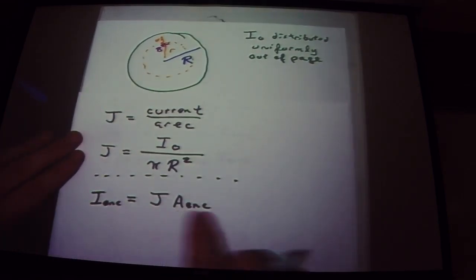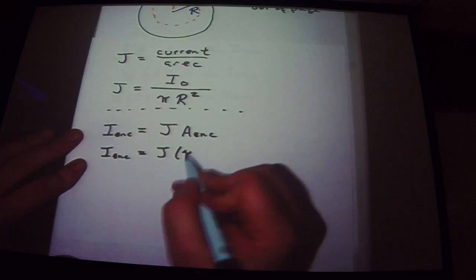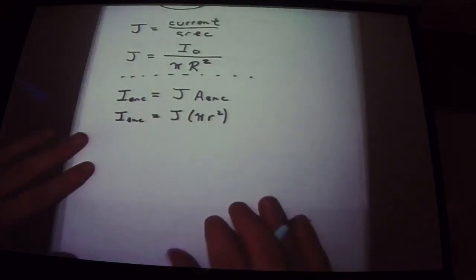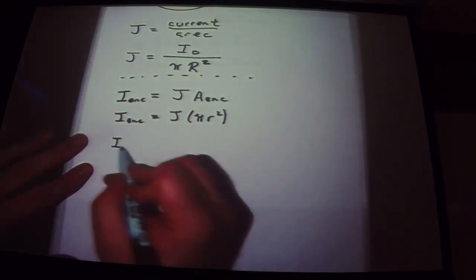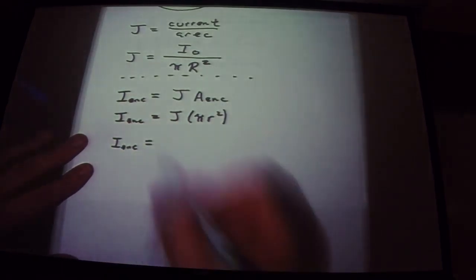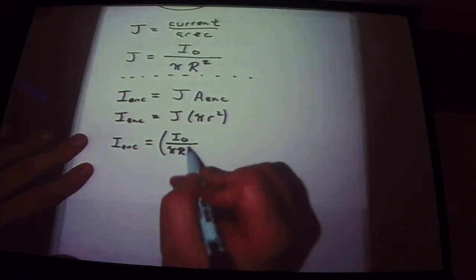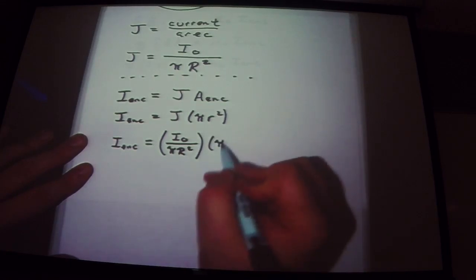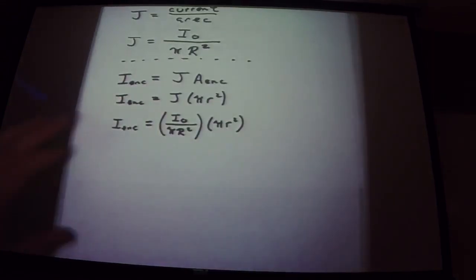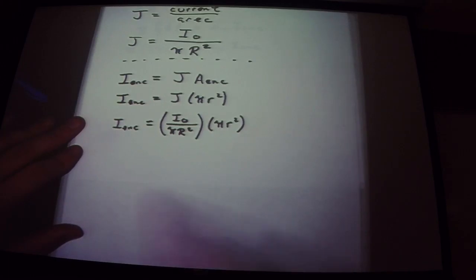Pi times little r squared. I can then plug in for J, and I can do some cancellation here.